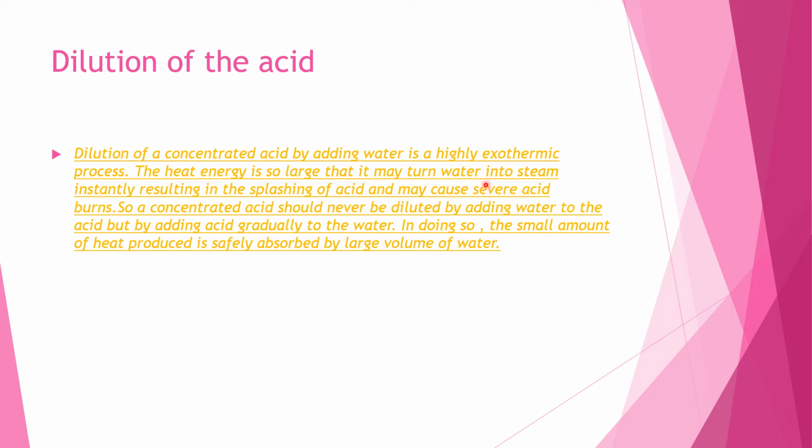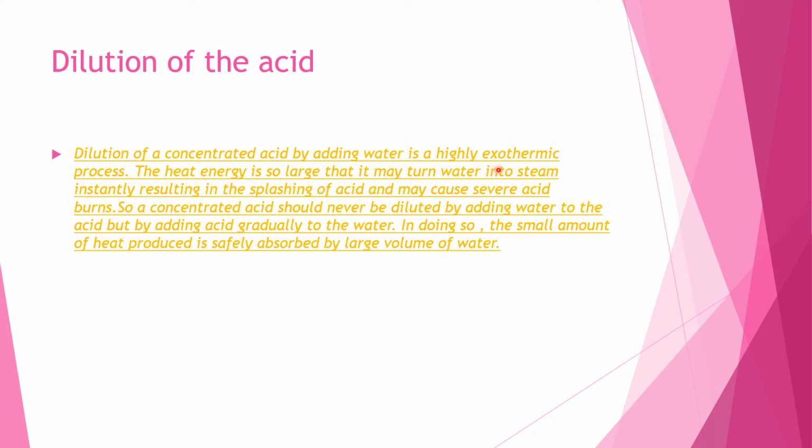Imagine that when you throw something in water, water splashes out. In this case, if you take the example of a bucket with concentrated acid in it, and you pour a large amount of water into it, the water may turn into steam because a large amount of heat energy is produced.